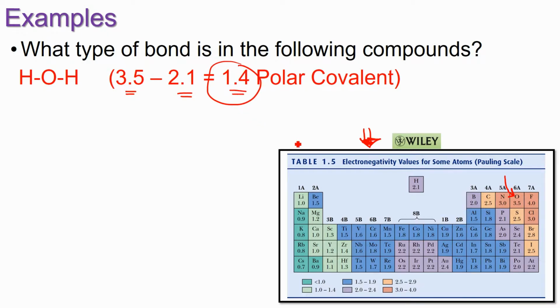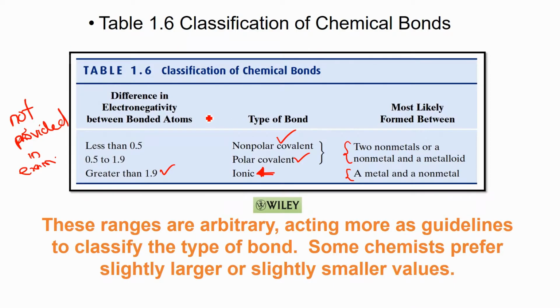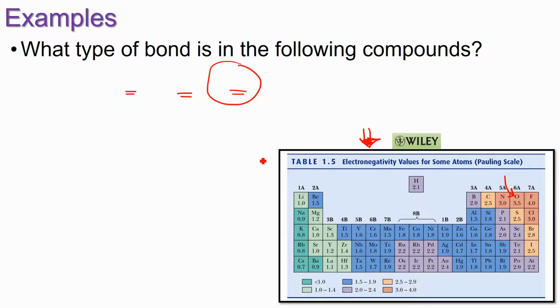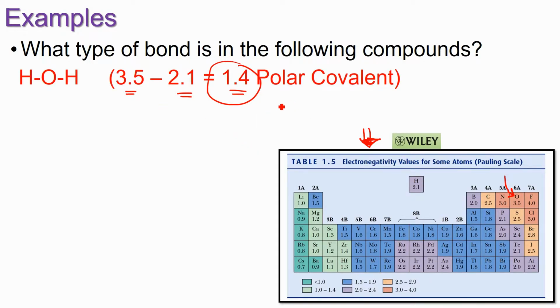According to our little chart here, 1.4 is between 0.5 and 1.9, so you're looking at a polar covalent bond, and that's why water, H2O, is a polar solvent. Okay, so you're looking at a polar covalent bond because that answer lies between 0.5 and 1.9.